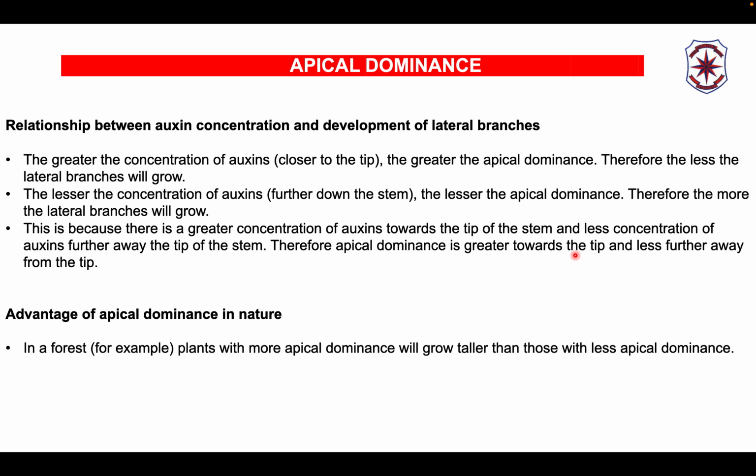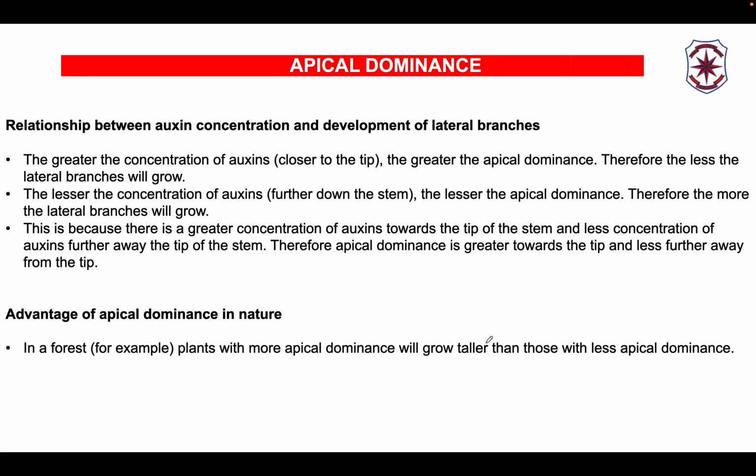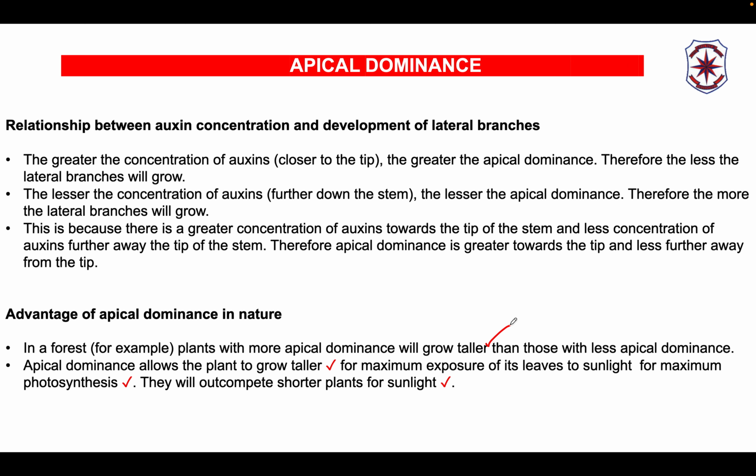For example, in forests, plants with more apical dominance will grow taller. Plants with apical dominance will grow taller than those with less apical dominance. And what is the implication of this?